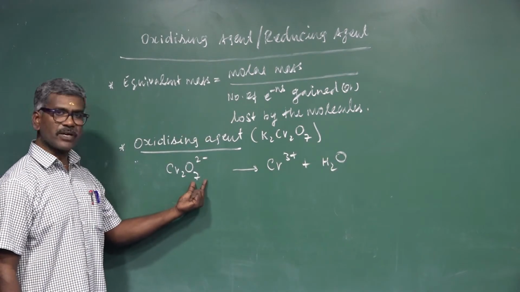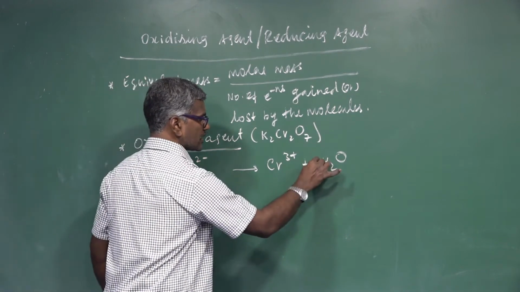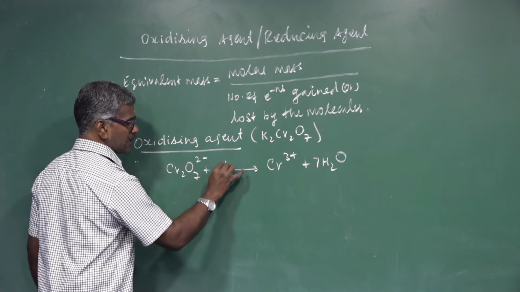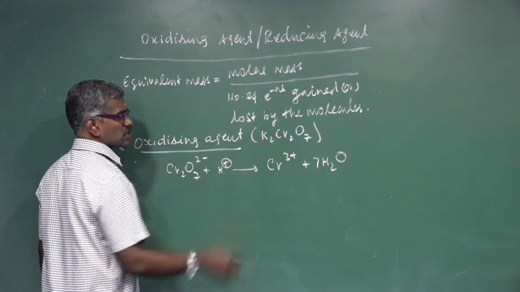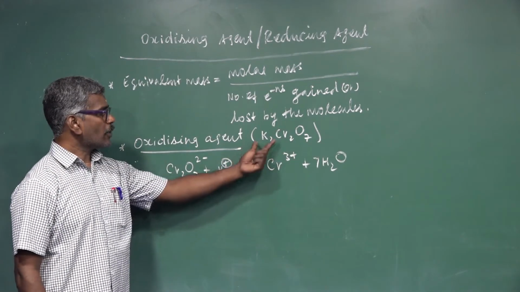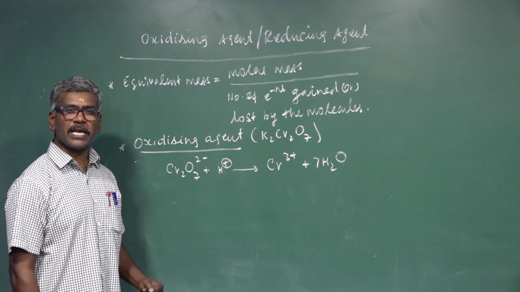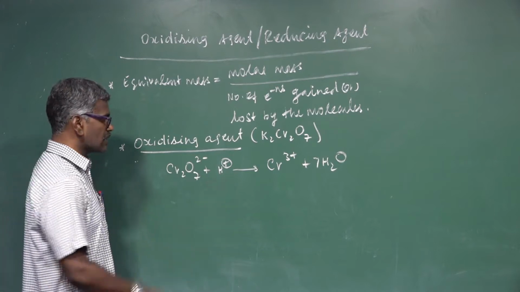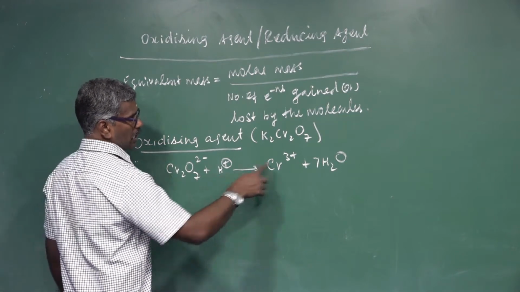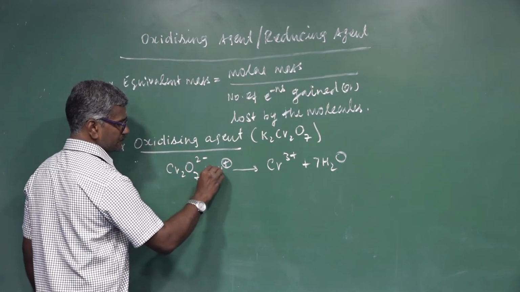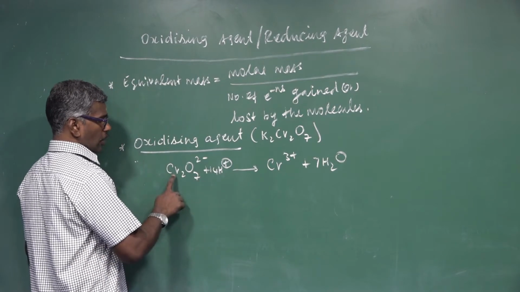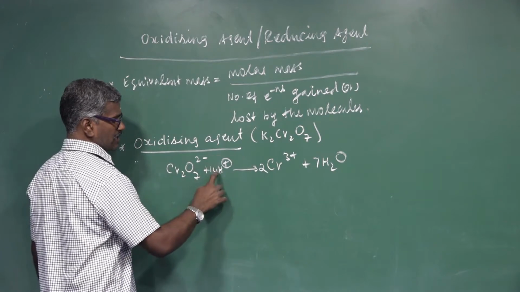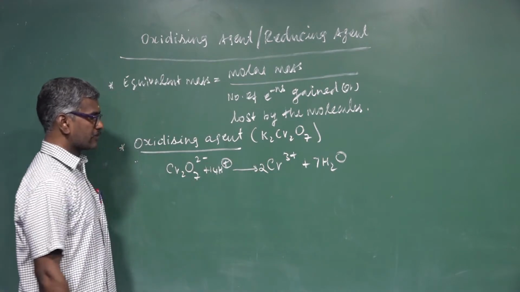Common oxygen, 7 oxygen, here 1 oxygen, so 7 times. This water can be balanced by H+ because it is in the presence of acid. Potassium dichromate acts in the presence of any mineral acid. So H+, here common hydrogen, 14 hydrogen. Common chromium, 2 chromium. 7 oxygen, 14 hydrogen, balanced.